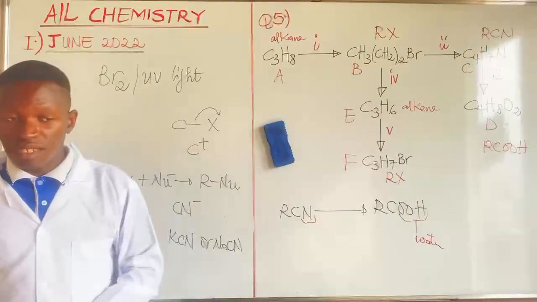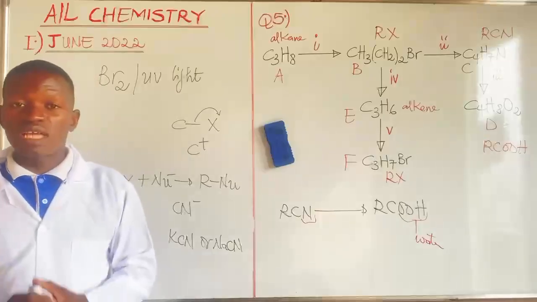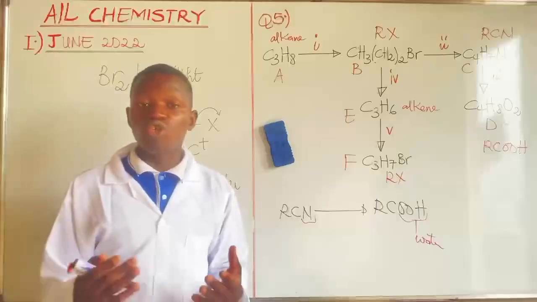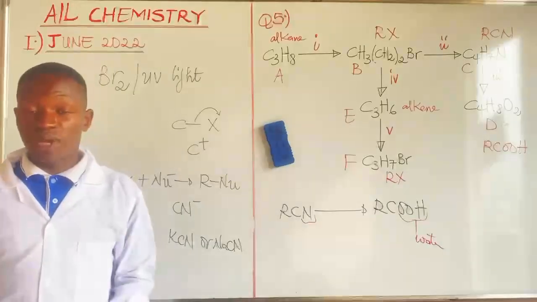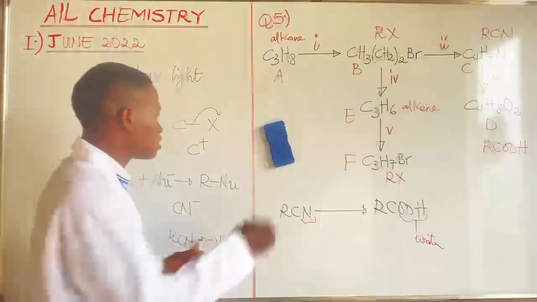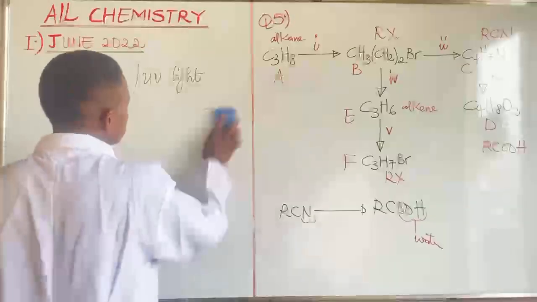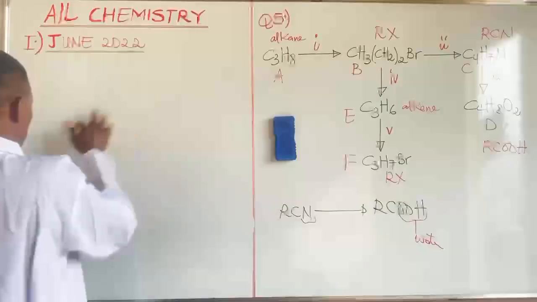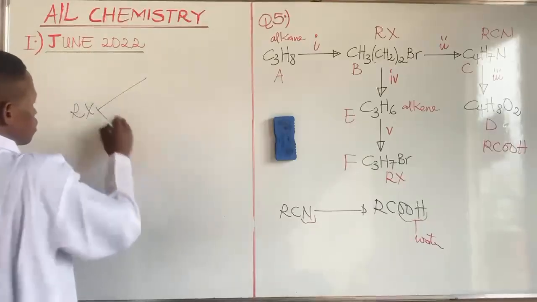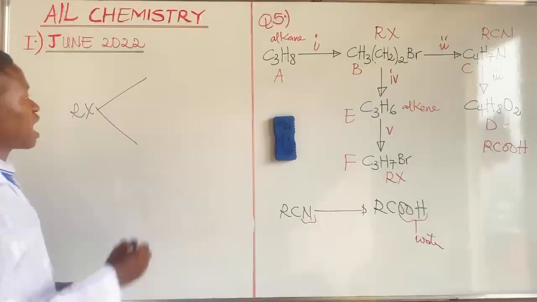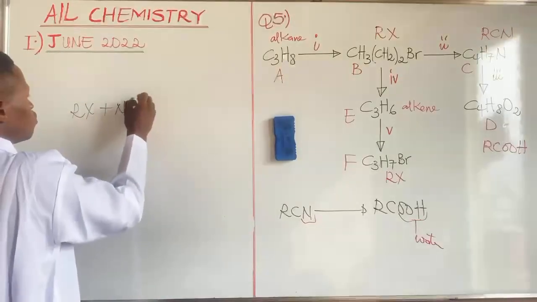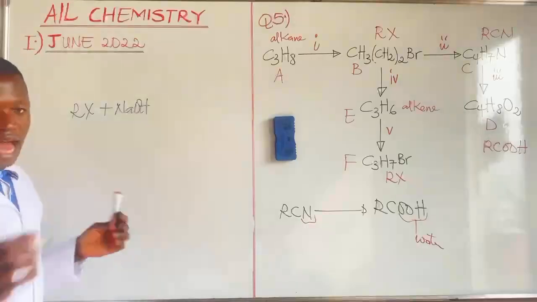And this reaction actually depends on whether the haloalkanes undergo elimination or nucleophilic substitution. It all depends on the reaction conditions. So what happens is that we are going to react the haloalkane with sodium hydroxide, that's any alkali.